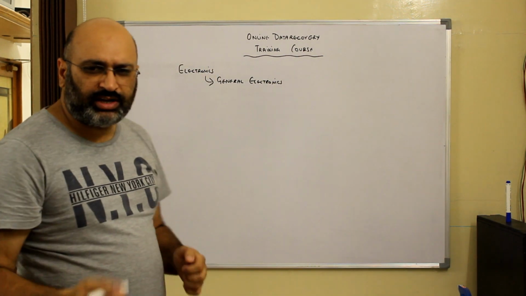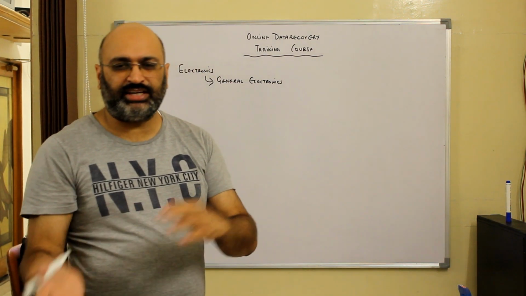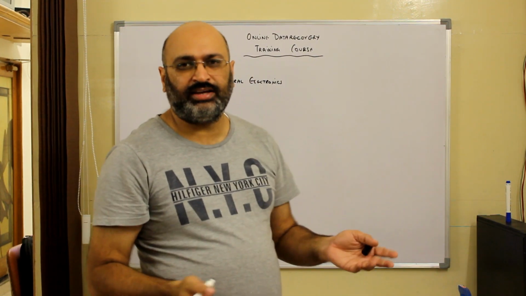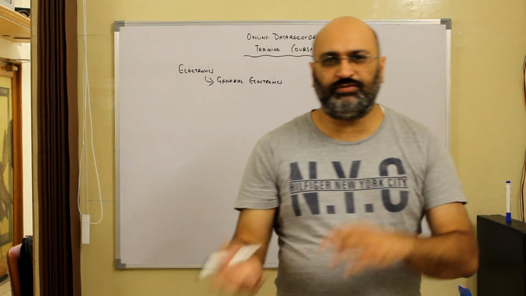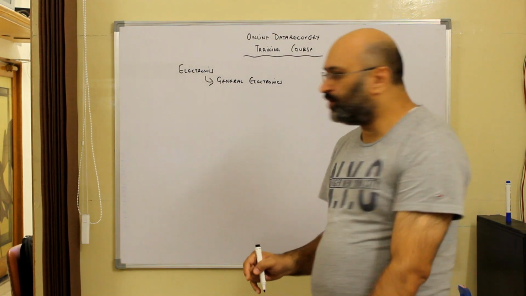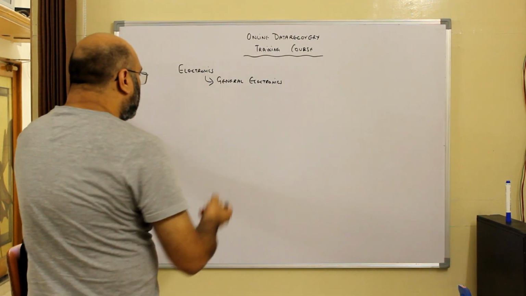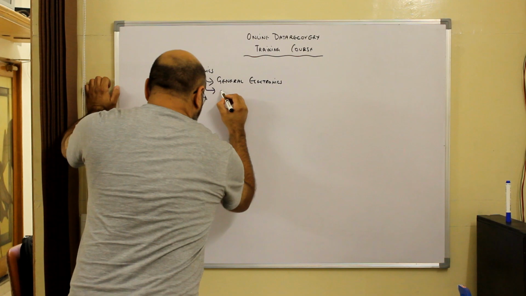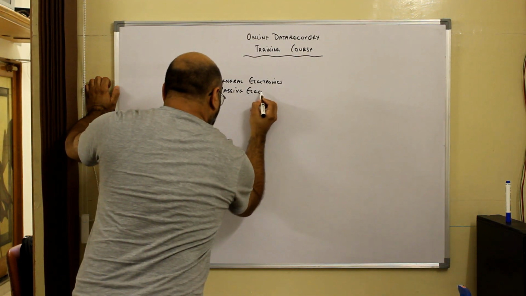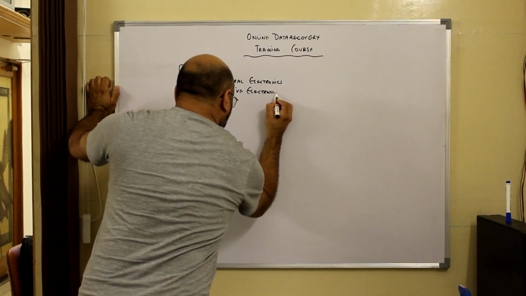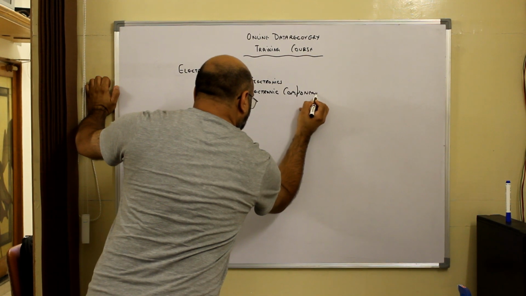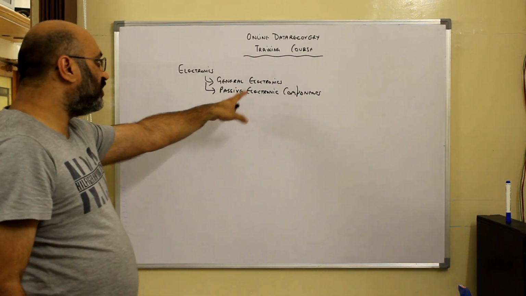What do I mean by general electronics? That is, what is electricity, AC, DC, and some other things related to electricity like voltage, ampere, what is the difference, stuff like this. The second sub-module inside the electronics module will be passive electronic components.